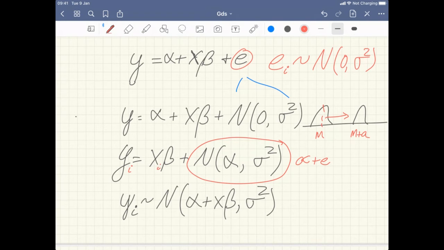So if we add alpha to every E value, alpha to all the errors in our regression, then all we're doing is shifting the distribution of errors from 0, sigma squared to the distribution of this together at a mean of alpha. So that's how we're going from one to the other. I'll keep this here.